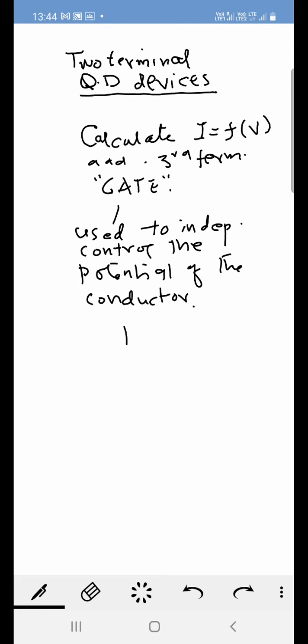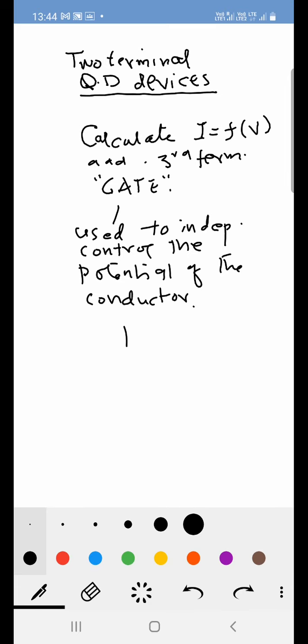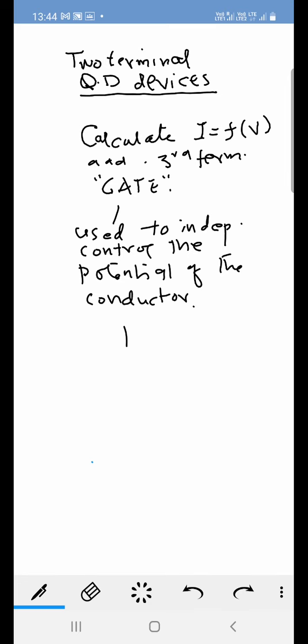So with this we actually create the transistor building block. The transistor is the building block of modern electronics.